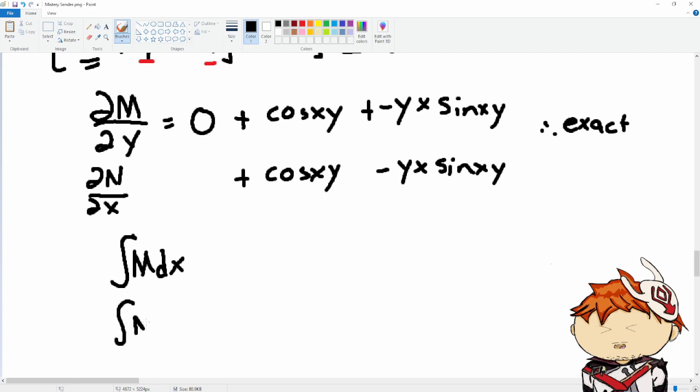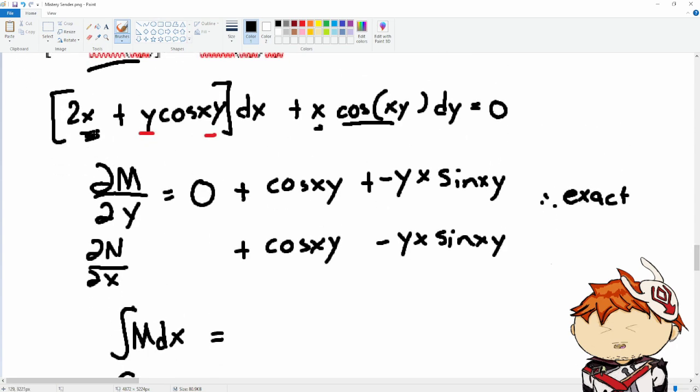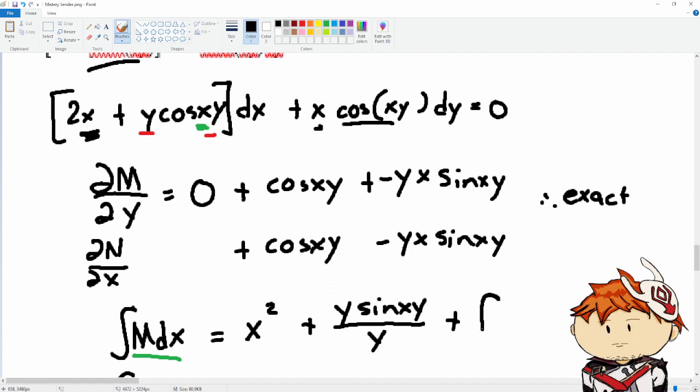Simply integrate both sides. The integral of 2x is x squared. The integral of y cosine xy, we're only looking at the x now, because this is m dx. So we're only looking at the x. It is y sine xy divided by y plus f of y.